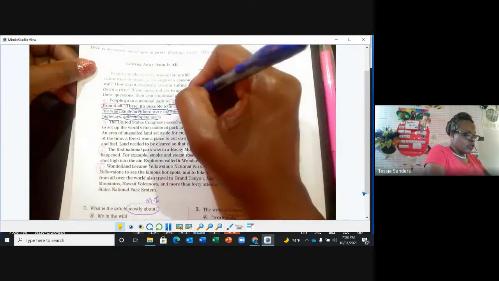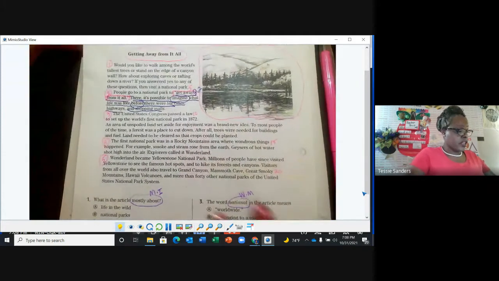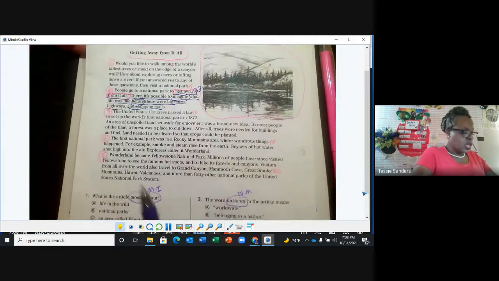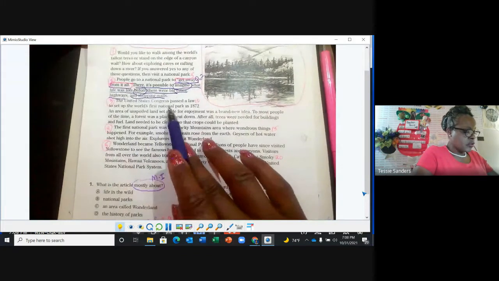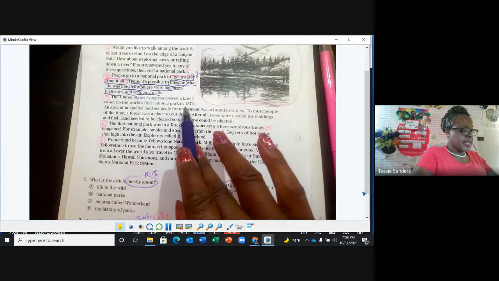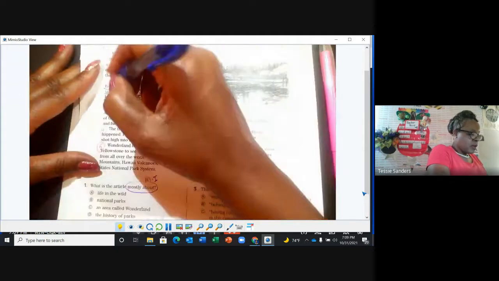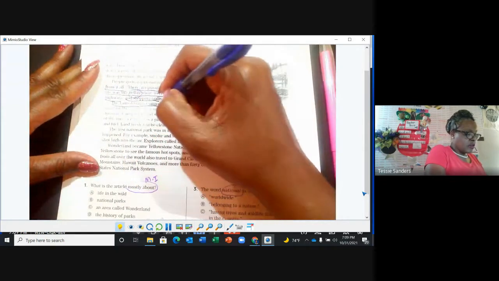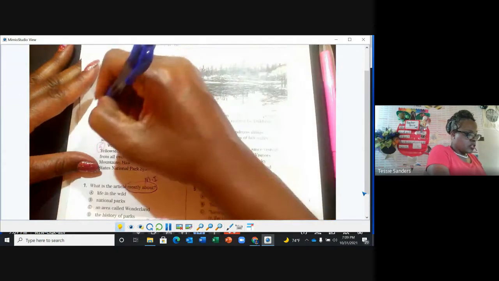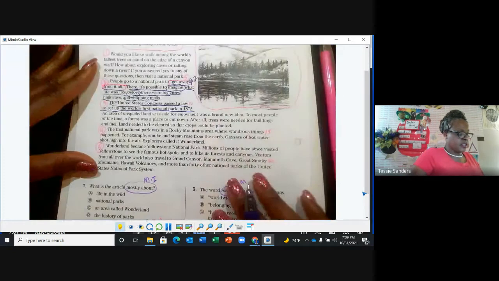So here you're going to write Q period 2. Let's keep moving. Good. The United States Congress passed a law to set up the world's first national park in 1872. Stop right there.